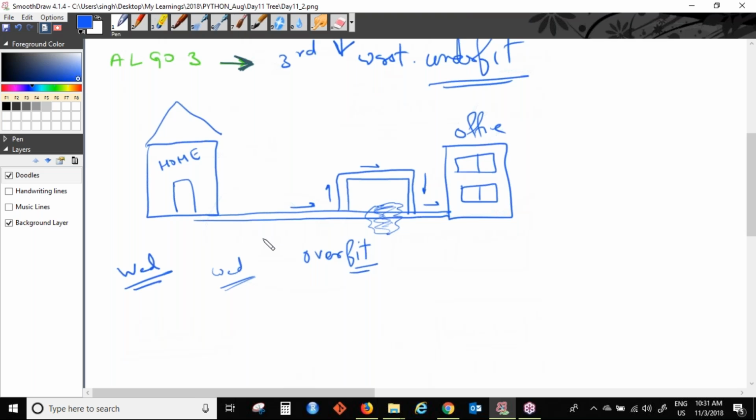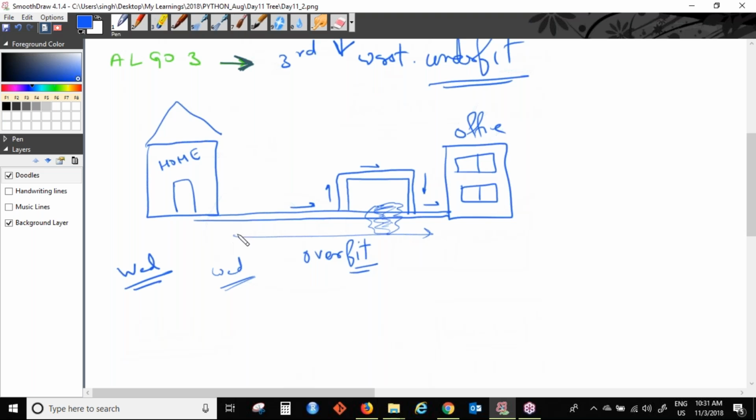So that is why we try to avoid taking the model to a higher complexity, or making the model too complex, to avoid allowing the model to consider a noise as a pattern. And an underfit model in this case will be that every day take this path. That is also wrong, because if it rains I should take another path.